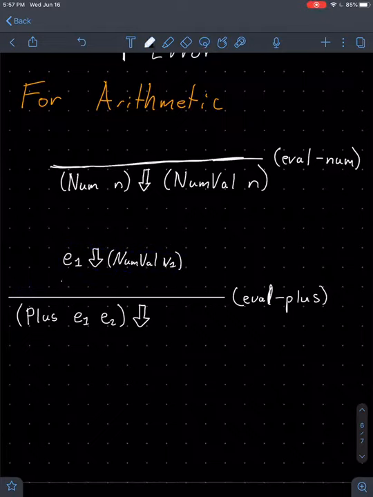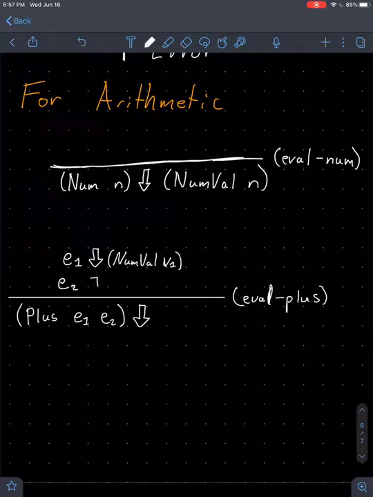So now what can I write? What else do I need to do here? Well, I need to figure out E2. So what might I write there? I can't quite add everything together yet. E2 evaluates to num val V2.